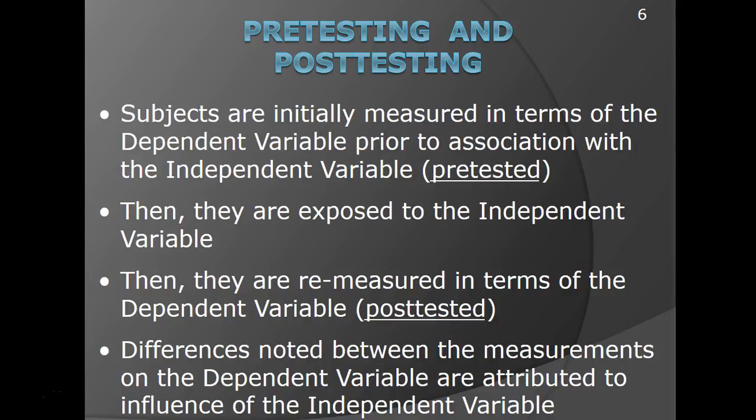Then those groups were exposed to the independent variable, which is the program that we're offering to these juveniles. Then, after the program is completed, they are remeasured. They're post-tested, measured again in terms of their violent behavior to see if there's any difference in the two.